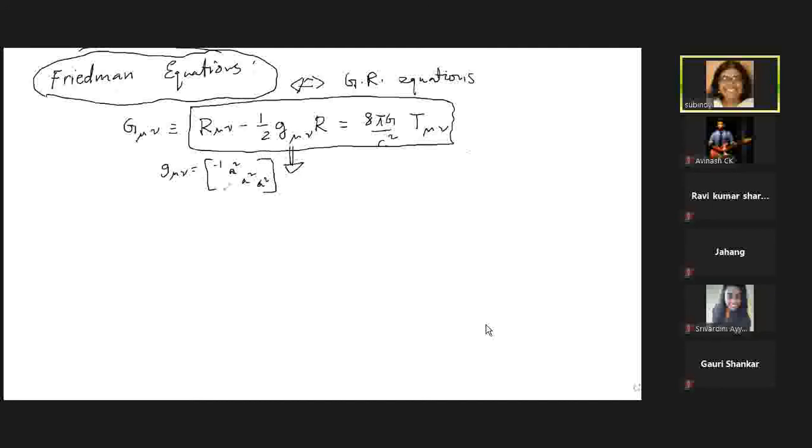You remember that the metric has the k term also: a square t times dr square by 1 minus k r square. So if we keep k, it will be a little different. But mainly with k equals to 0, this is the metric, and T mu nu is rho, minus p, and minus p.